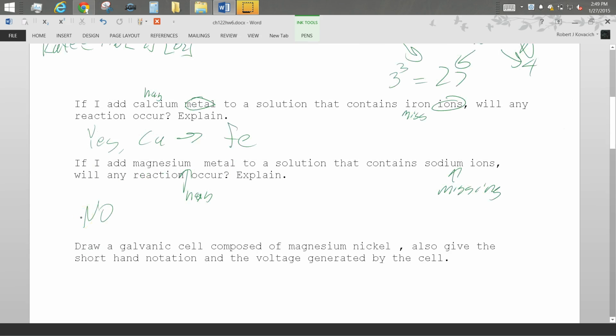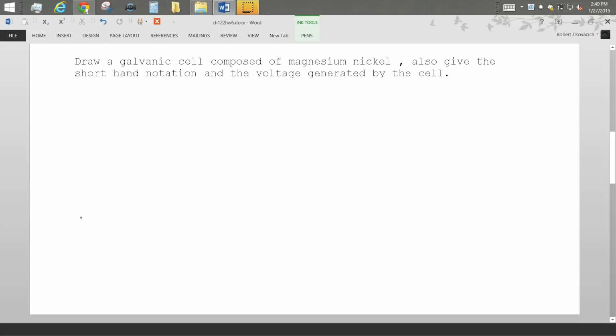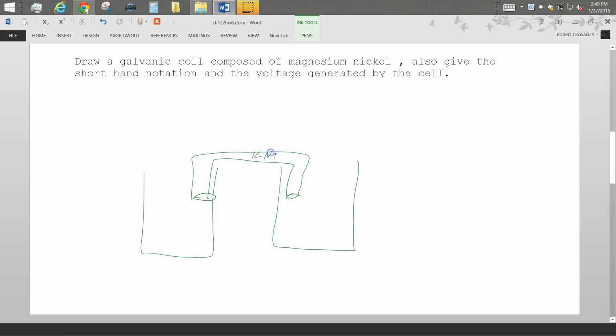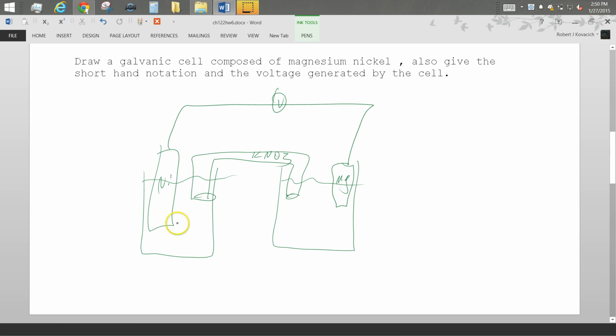We got a nickel magnesium galvanic cell. All right, so say nickel nitrate, and we'll go with magnesium nitrate.